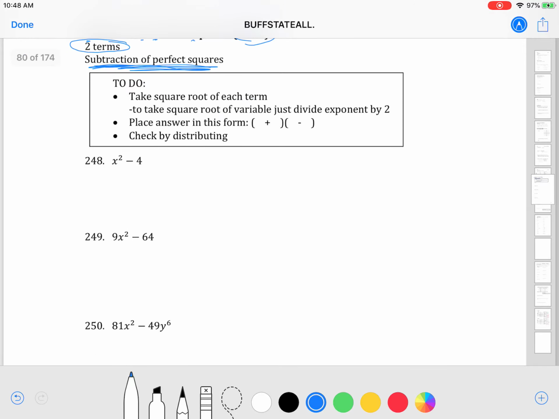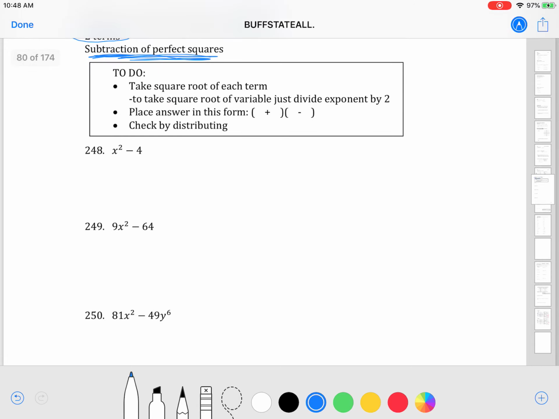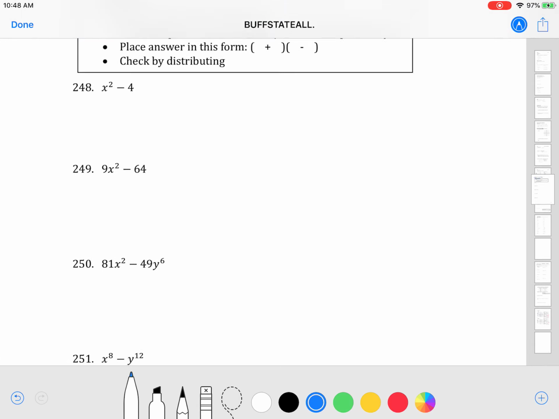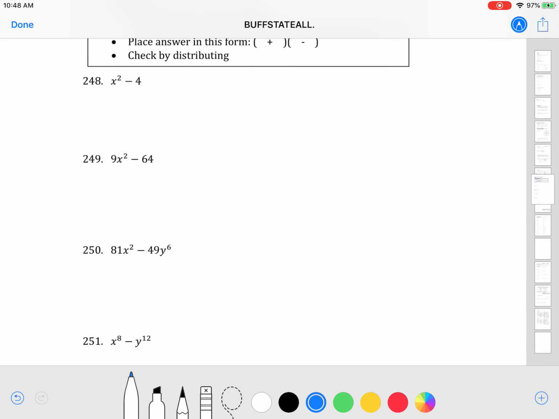So again, there's that box that shows you how to do it. You don't need to really look into that unless you don't understand it while you're working on your homework and you just need a step-by-step written instruction. I'm going to walk you through it though. So for 248, I notice I have 2 terms right off the bat. They are being subtracted and they are perfect squares.